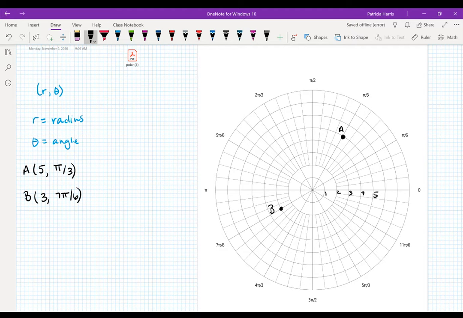All right, now we need to talk about what happens when things go negative. When R is positive, your R is measured from your positive x axis.